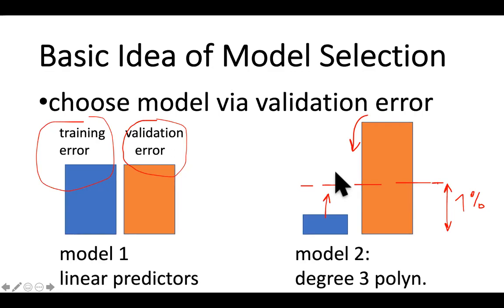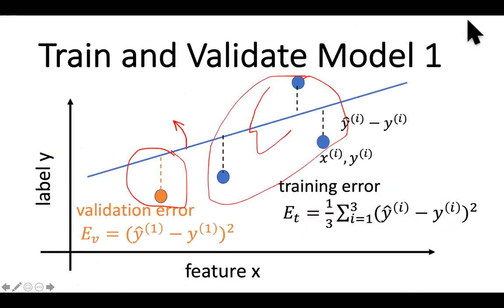There's another question. In general, what percentage of data is better to be selected for validation? So this question addresses the choice of the split ratio. Here I choose 3 data points for training and 1 data point for validation. And the question is, wouldn't it be better to use 2 data points for validation and 2 for training?